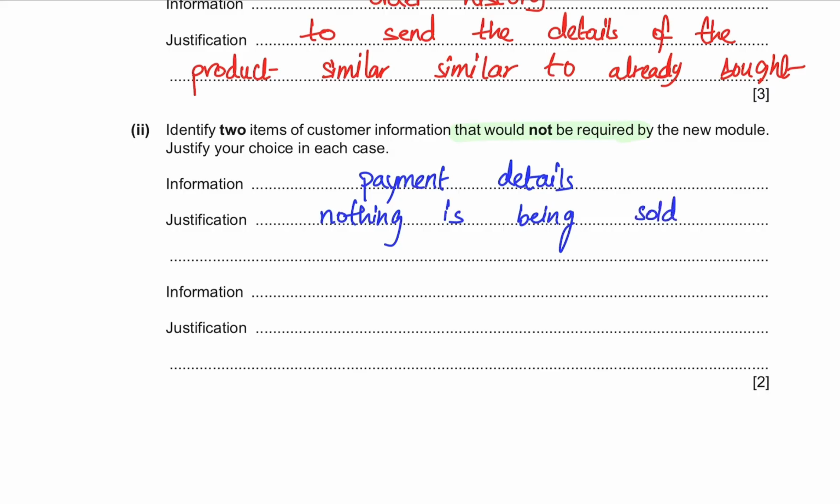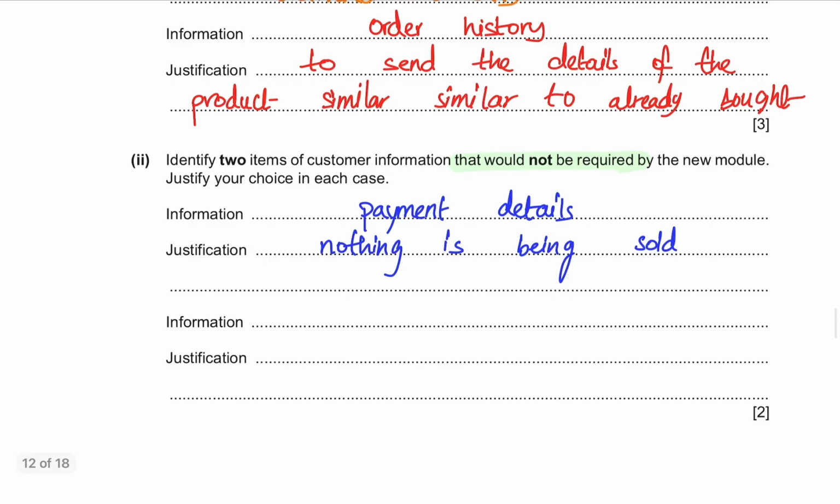Or order history. Let's say postal address, because since we're sending email, why do we need the postal address? Okay.